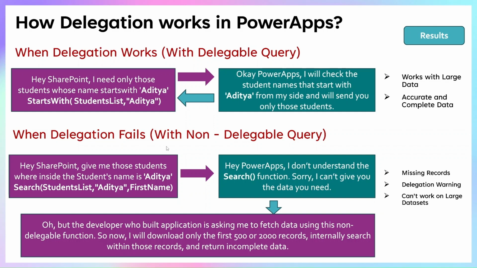Now we will see how exactly delegation fails with a non-delegable query. Okay, so this is the communication when we delegate a non-delegable query to the data source from Power Apps.